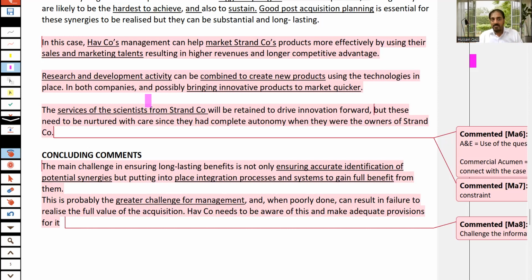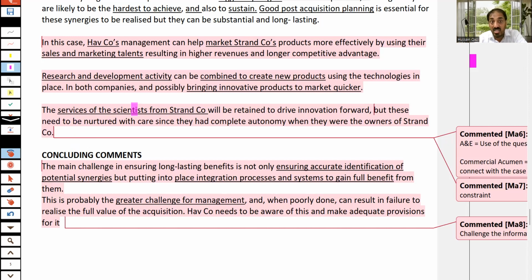If they combine together, possibly bringing more innovative products and market earlier, market quicker. So combining research and development, create more innovative product and market quicker. So that's a competitive edge, extra mileage.